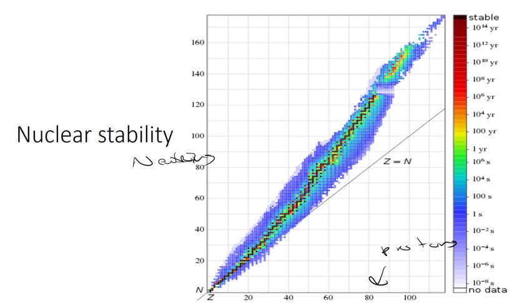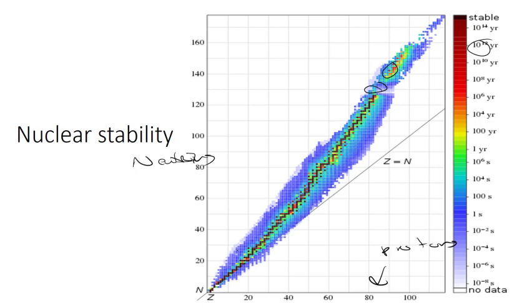And so eventually you get to the point where nothing is stable anymore. So after a certain point, everything is radioactive, right? It's right around element 80 that everything after that point is somewhat radioactive. However, you do have these spots in here where some elements have 10 to the 12 years for their half-life, which is a trillion.